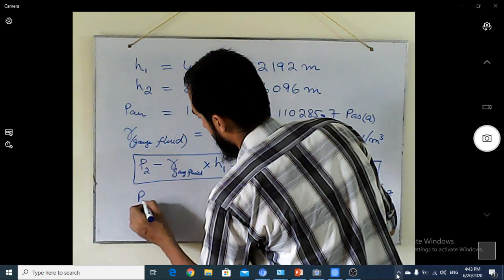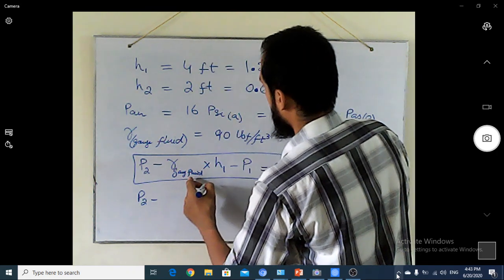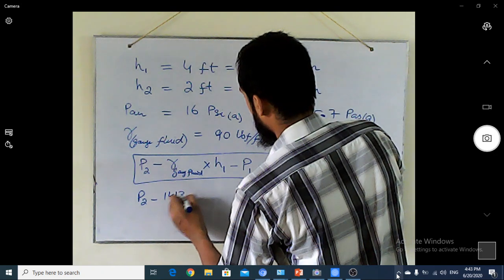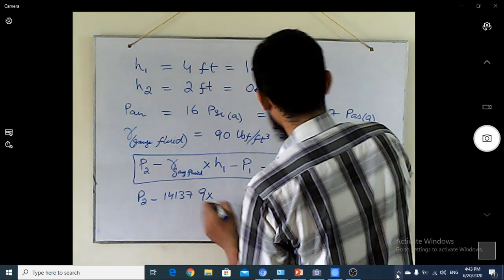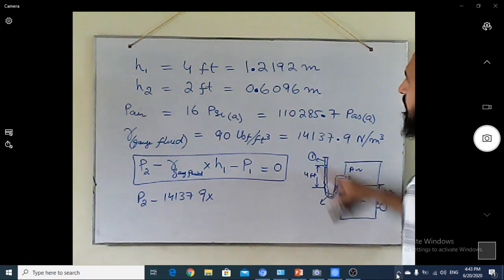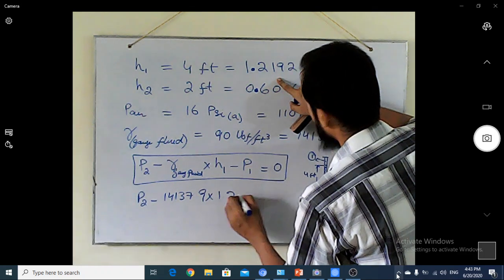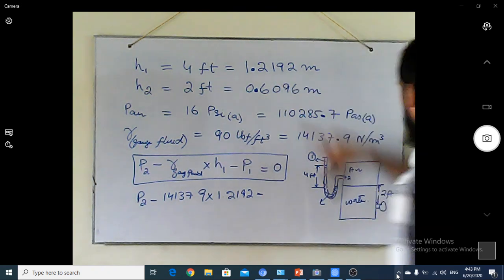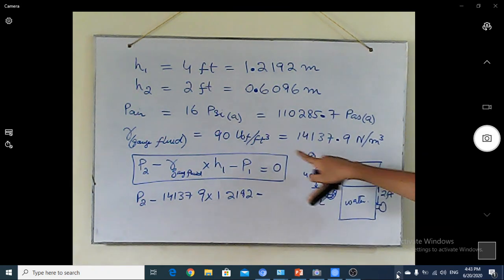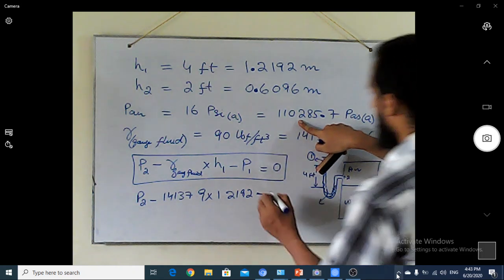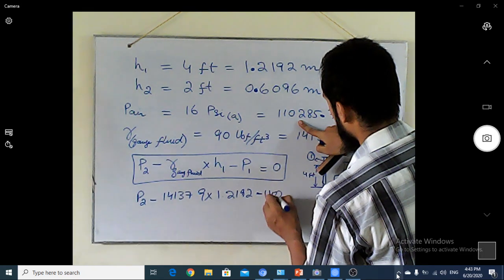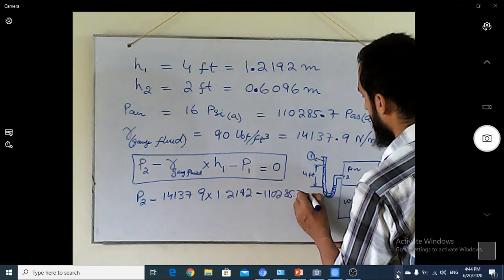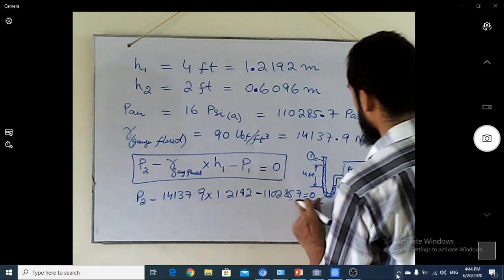The specific weight of the gauge fluid is 14137.9 multiplied by height H1, which equals 1.2192, minus P1, and P1 is just equal to 110,285.7, equals 0. Just resolve this equation.